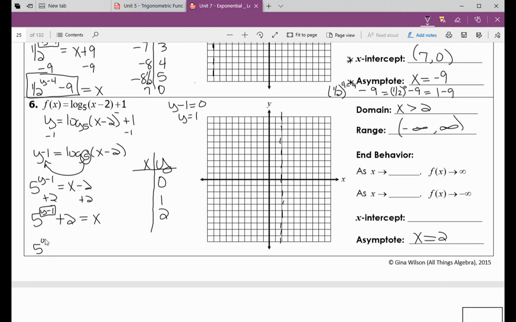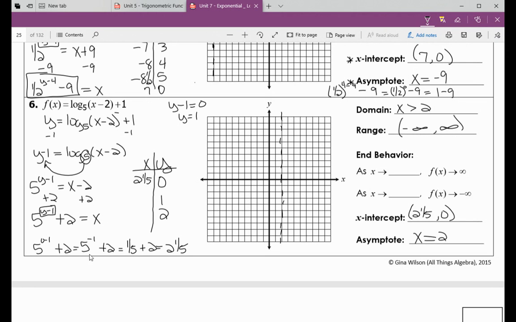So 5 to the 0 minus 1 plus 2 gives me 5 to the negative 1 power plus 2, which is 1/5 plus 2, which gives me 2 1/5. That also gives me my x-intercept. So my x-intercept is at 2 1/5, 0.